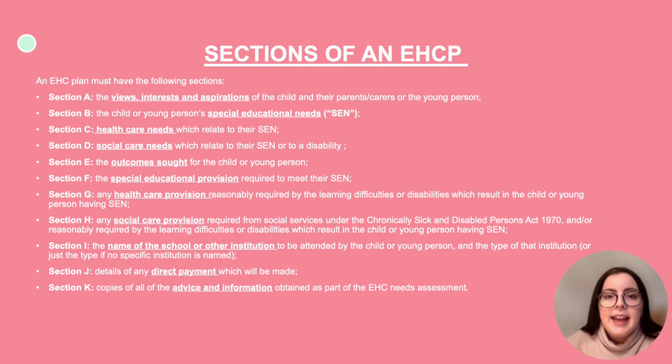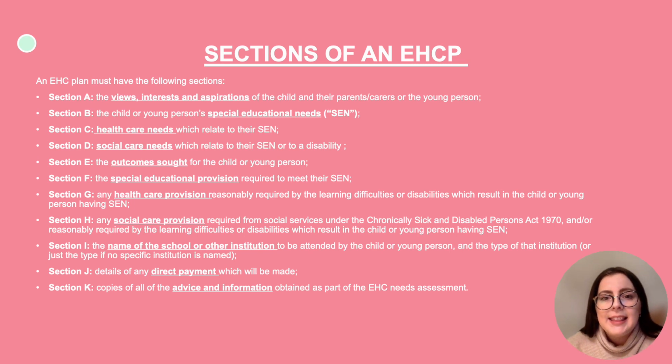Section G, any healthcare provision reasonably required by the learning difficulties or disabilities which result in the child or young person having SEN. Section H, any social care provision required from the social services under the Chronically Sick and Disabled Persons Act 1970 and or reasonably required by the learning difficulties or disabilities which result in the child or young person having SEN.